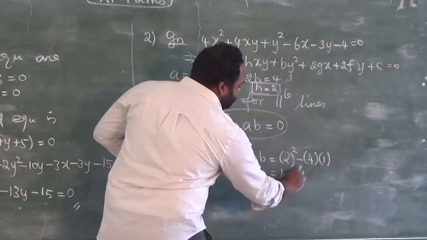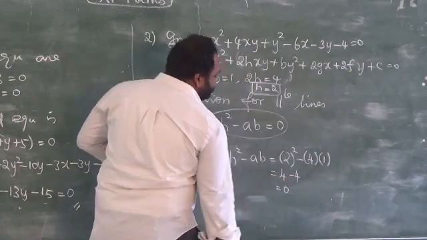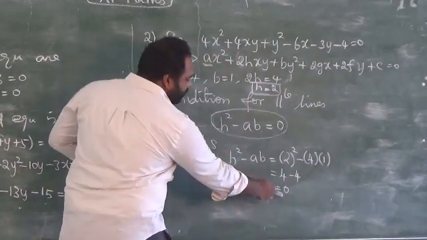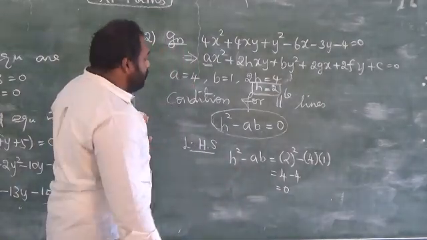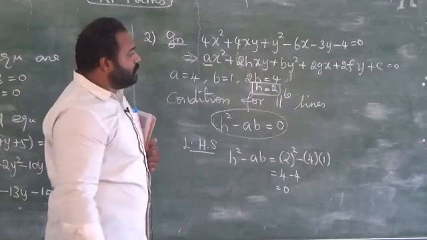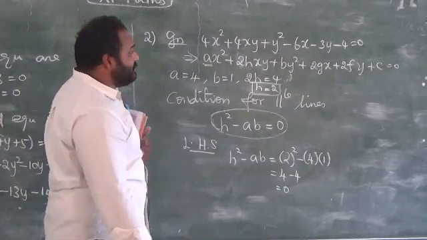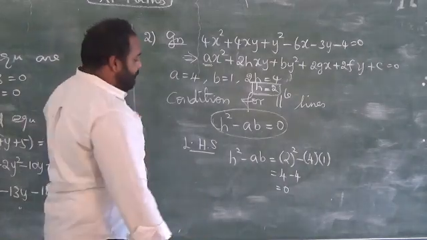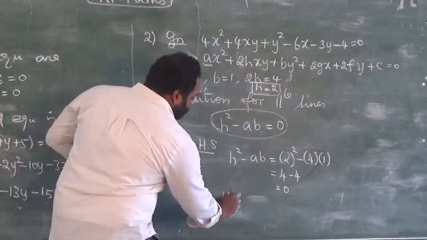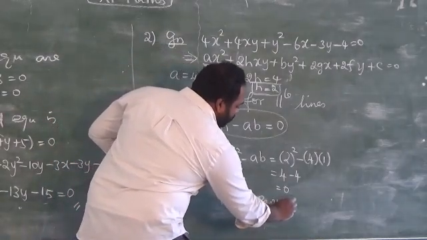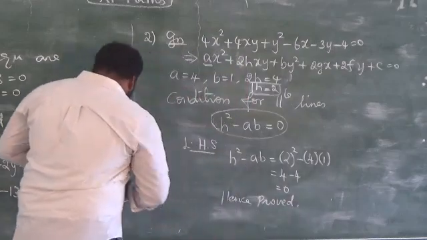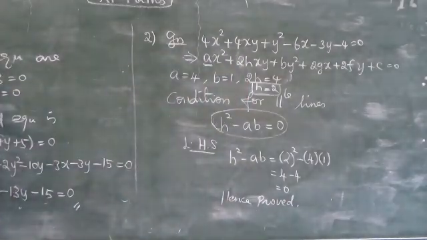It is 4 minus 4 equal to 0. So LHS equal to RHS. H square minus ab is 0. So by this condition we can conclude the given equation is a pair of parallel lines. Hence proved. So second question over.